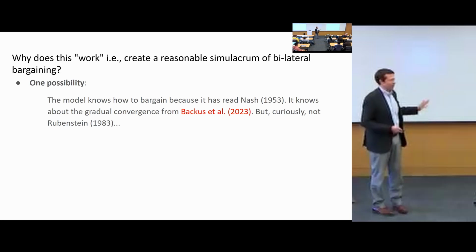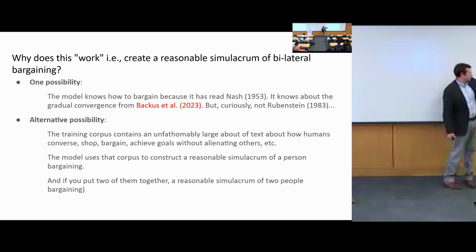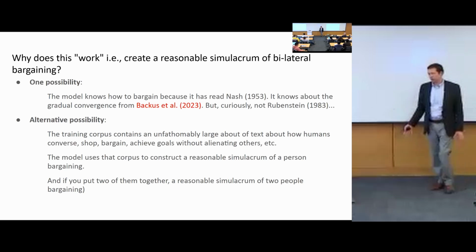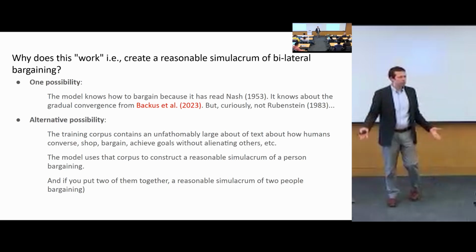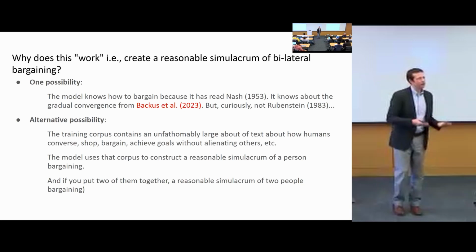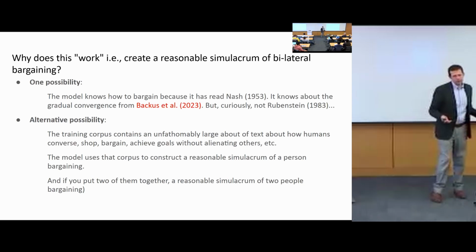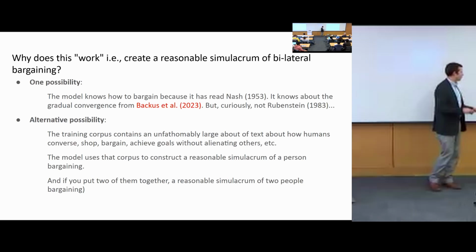I don't think that that's what's going on. I think the alternative possibility is that the training corpus just contains an unfathomably large amount of data and includes people talking about bargaining, and it knows this back and forth. Like, I propose and you propose and we meet in the middle, and all this kind of stuff is essentially in its world model.